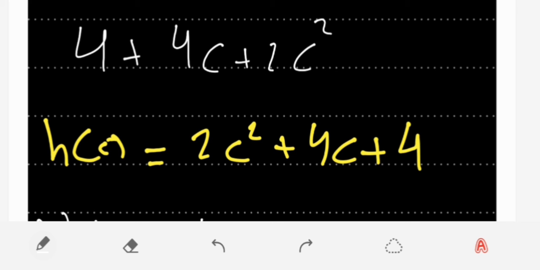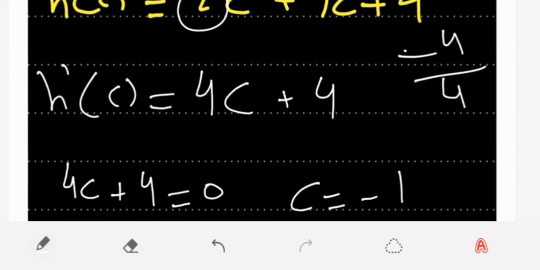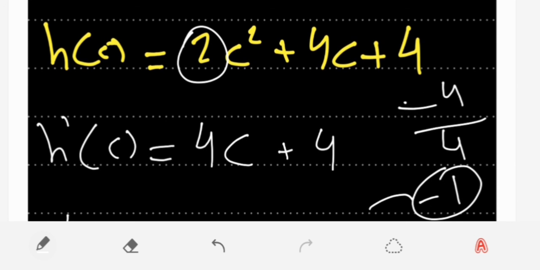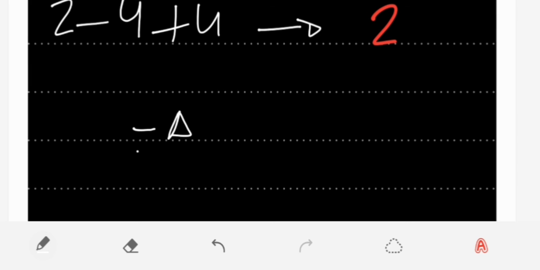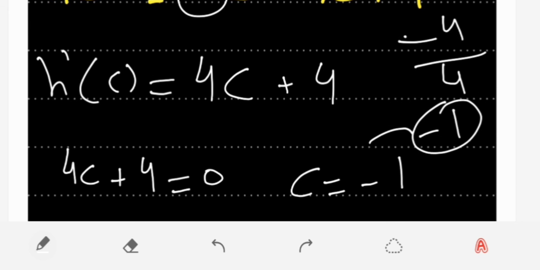So the vertex is minus b divided by 2a, so minus 4 divided by 2 multiplied by 2, which is minus 1. See, the same as the vertex with the derivative. Or you can use the formula straightforward: minus delta divided by 4a, if I remember correctly. I never use this. I always end up finding the x and then putting the value.